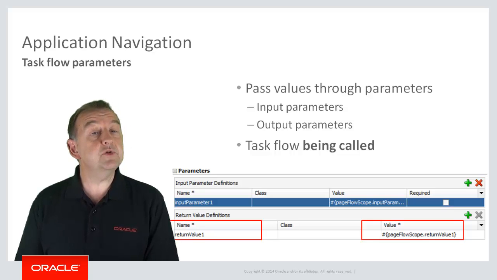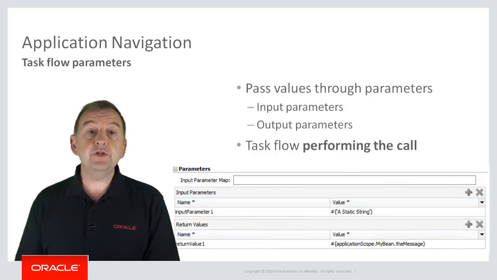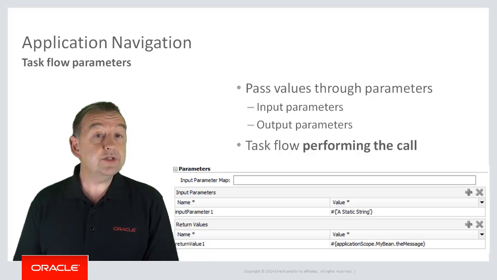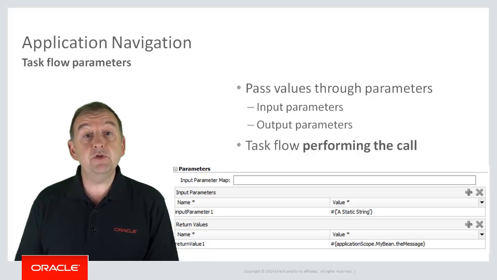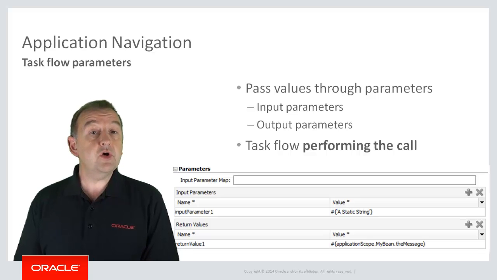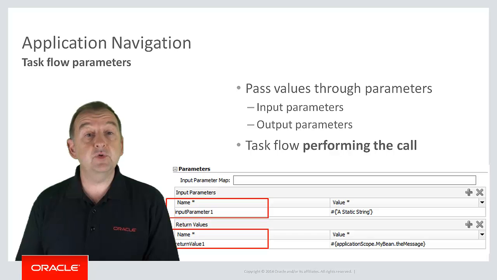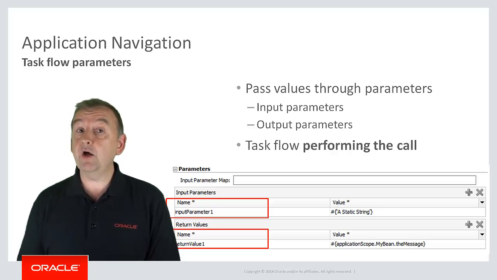How about the task flow that's doing the calling? How does it supply values and how does it get its hands on the data being returned from the called task flow? Within the calling task flow, if you select the task flow call, you'll see in the property palette the two parameters I defined in the task flow that is being called. All I have to do is supply values.